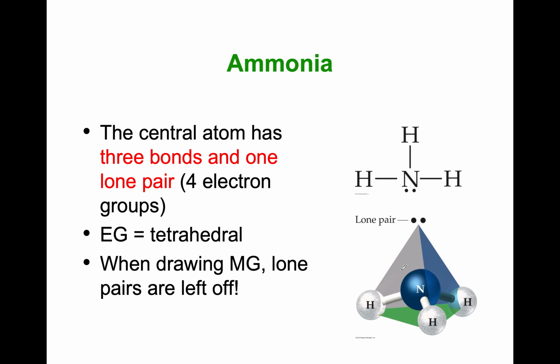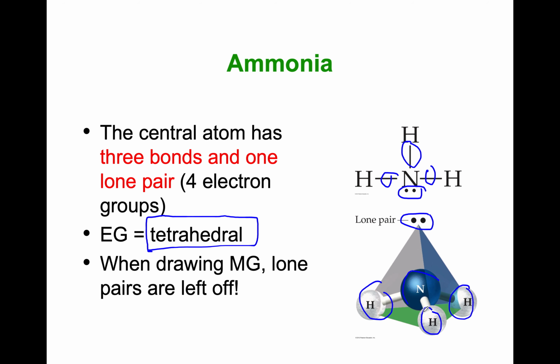If we take a look here, we can see that's 1, 2, 3, 4 electron regions. One of those regions is a lone pair. So the electron geometry is tetrahedral. That's the one we talked about with 4 electron regions. The molecular geometry, though, is just the molecule. What is the shape of just these atoms?